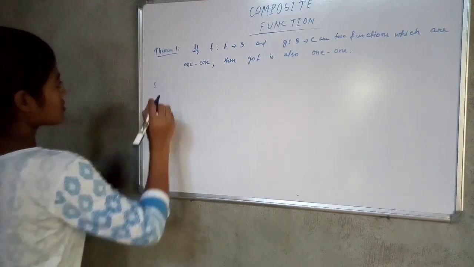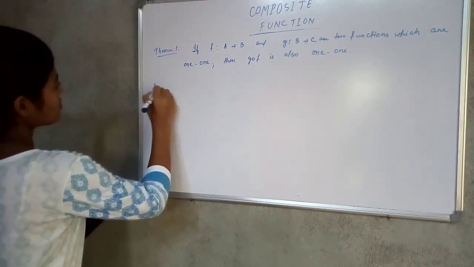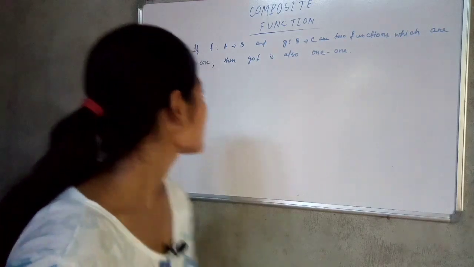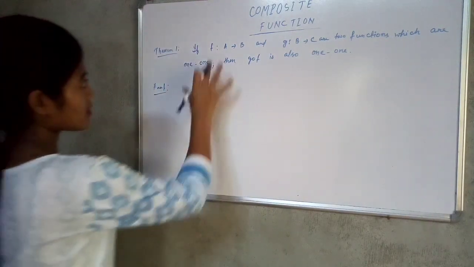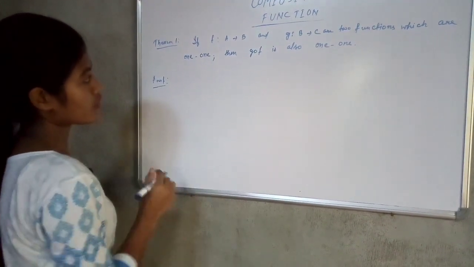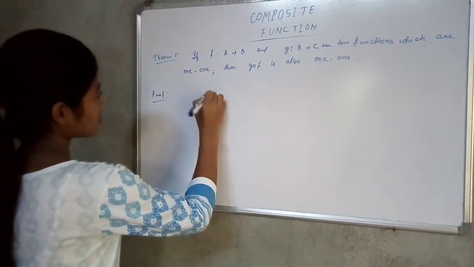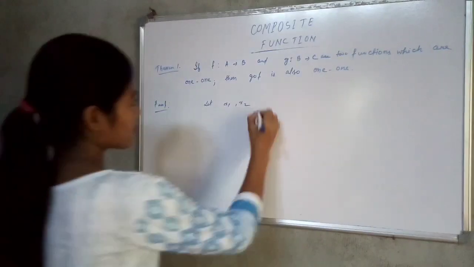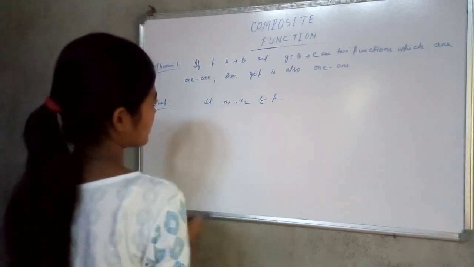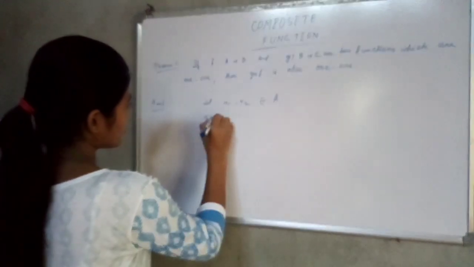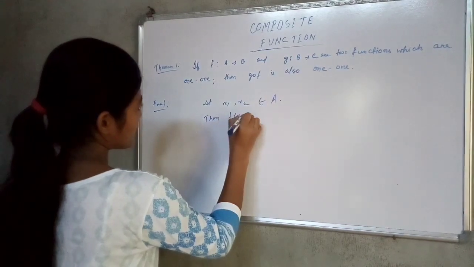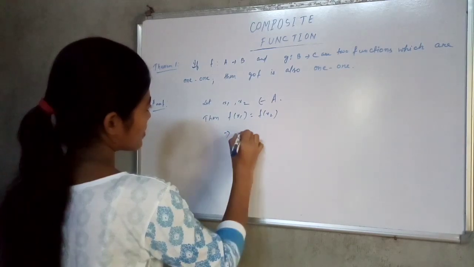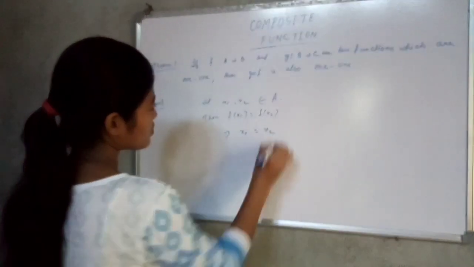So the proof: we are given f is a 1-1 function. Let us take two elements x1 and x2 belonging to the domain set A. Then f of x1 equal f of x2 implies x1 equal to x2.